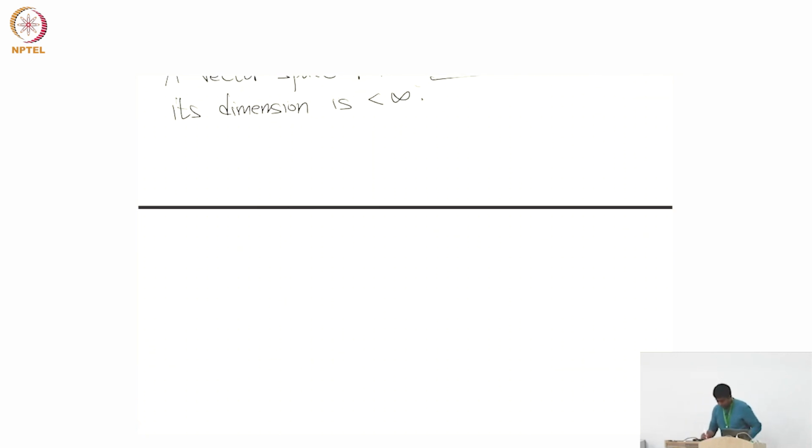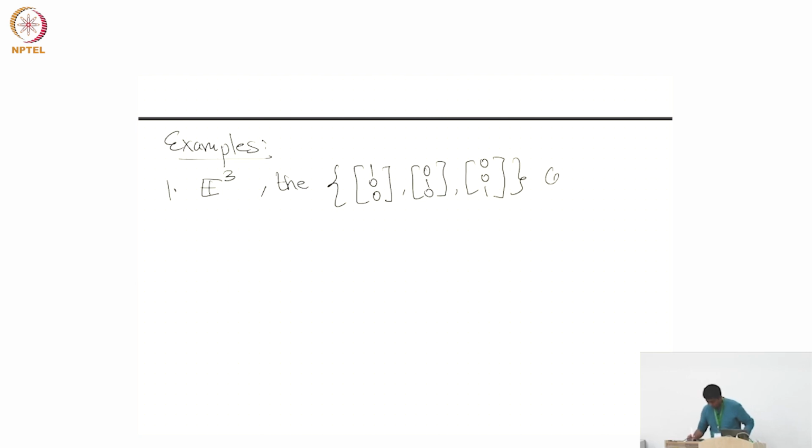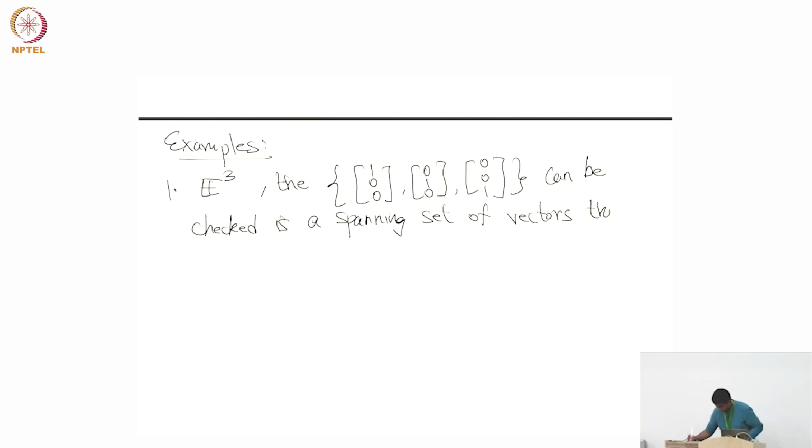Quick examples to cover all these ideas. Let's say we have E3 as our vector space. Then (1,0,0), (0,1,0), (0,0,1) can be checked to be a spanning set of vectors that are linearly independent.